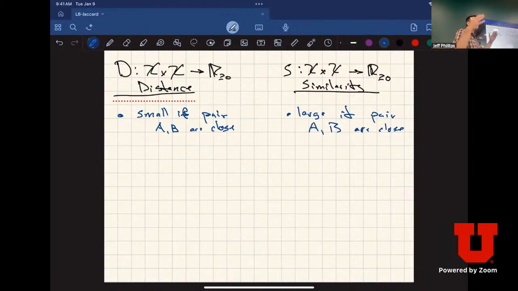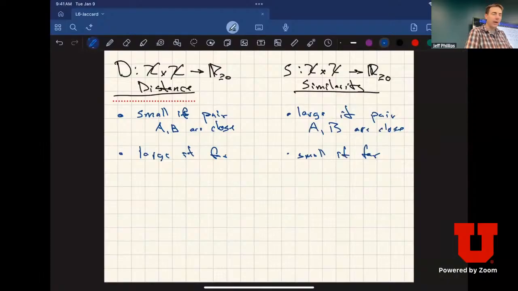If things are very similar to each other, that means the similarity is large. So if they're close to each other, the similarity is large. So this is kind of an inverse of a distance in some way. And similarly, the distance is large if far, and the similarity is small if far.